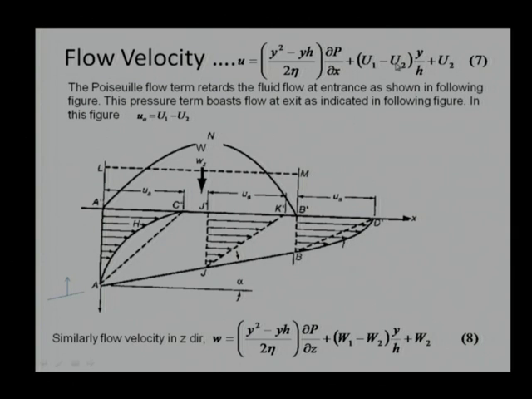Here the velocity term is coming: velocity in the x direction, and here it will be the velocity in the z direction, that is, the velocity of the lower plate in the x direction and in the z direction. So, we now have a velocity term in terms of the pressure. We can find the inverse of that, and figure out what the pressure will be in terms of velocity.